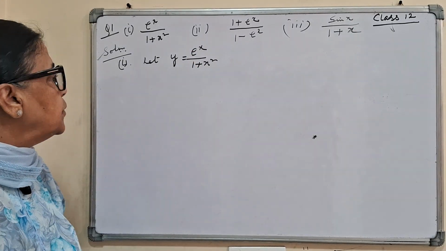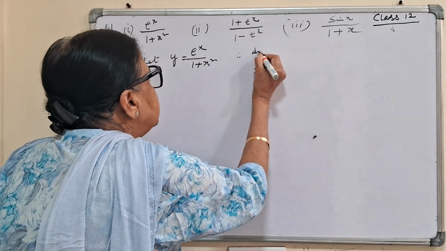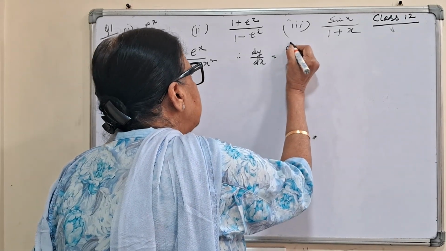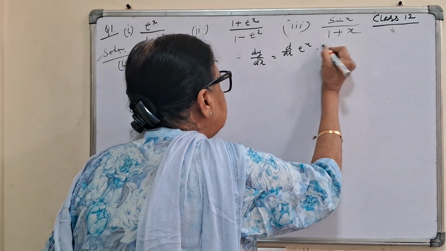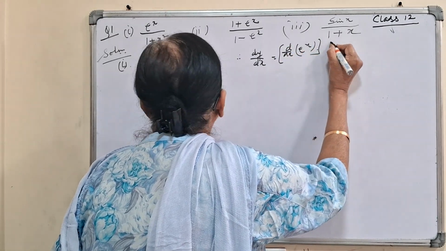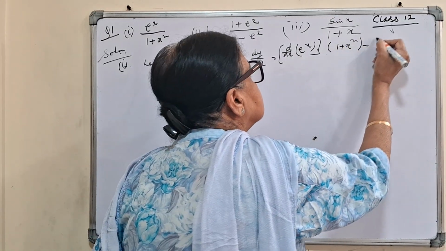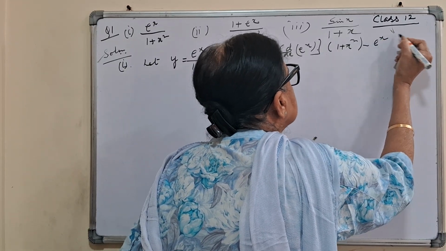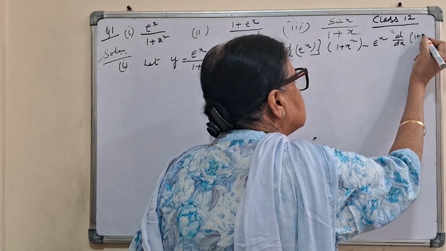Therefore dy/dx is equal to d/dx of e raised to the power x into 1 plus x square, minus e raised to the power x into d/dx of 1 plus x square.